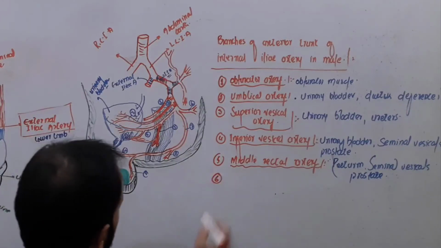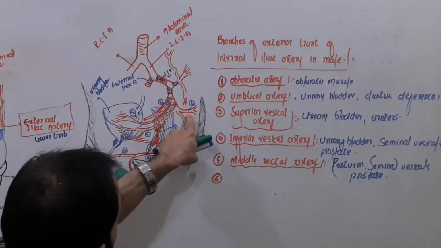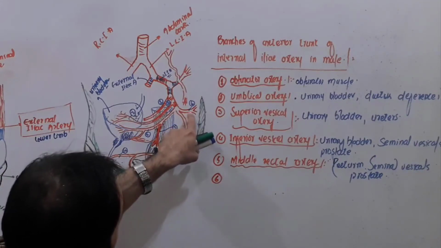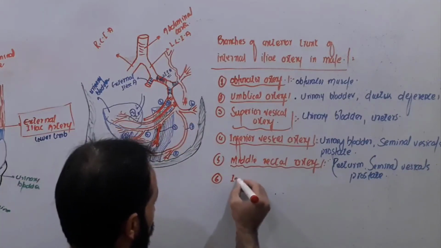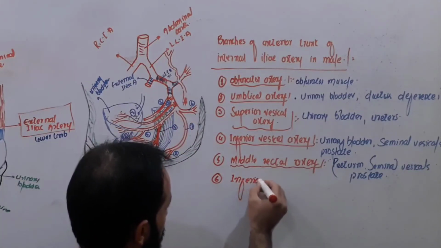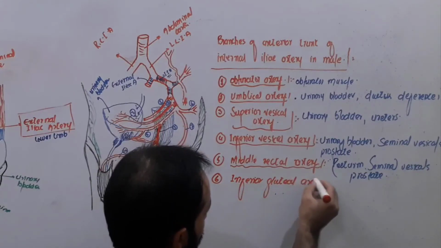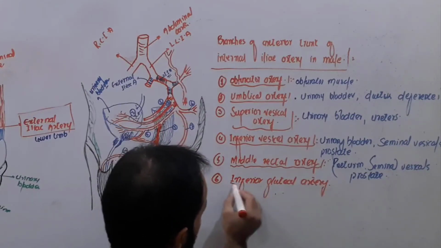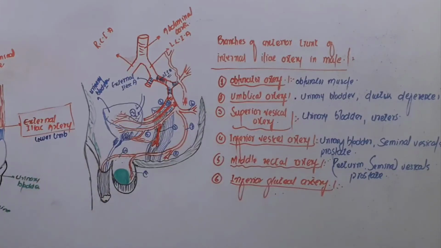Next, number 6th branch, which arises from this anterior trunk. Here we have our 6th artery, and this artery is called the inferior gluteal artery, right? This is our inferior gluteal artery, and this artery is responsible to supply blood to the gluteal muscle.